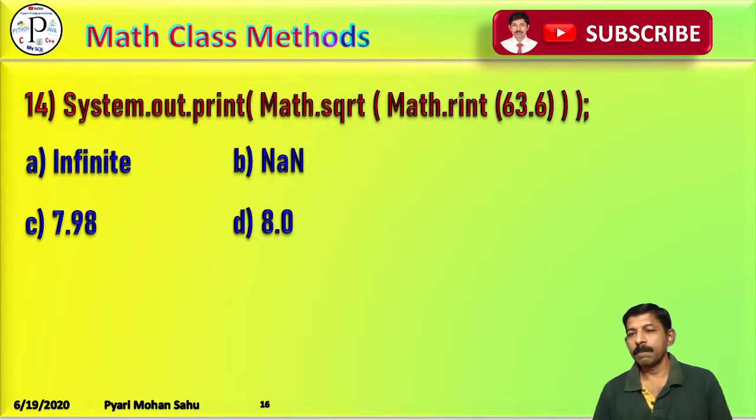Square root is there. Now with square root. D. Okay. What should be the parameter value?